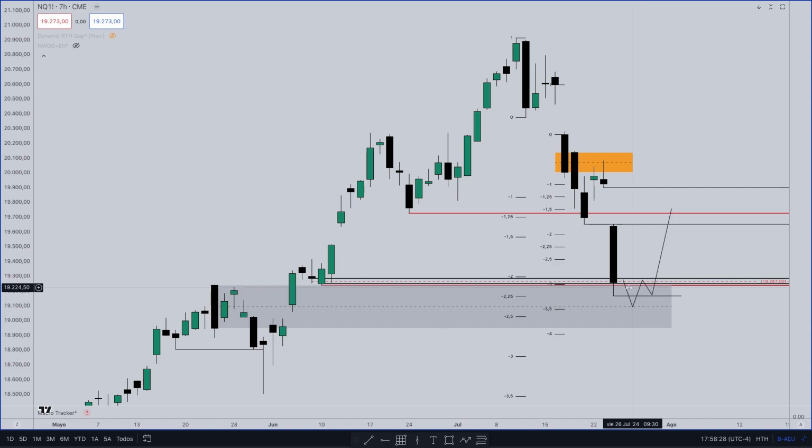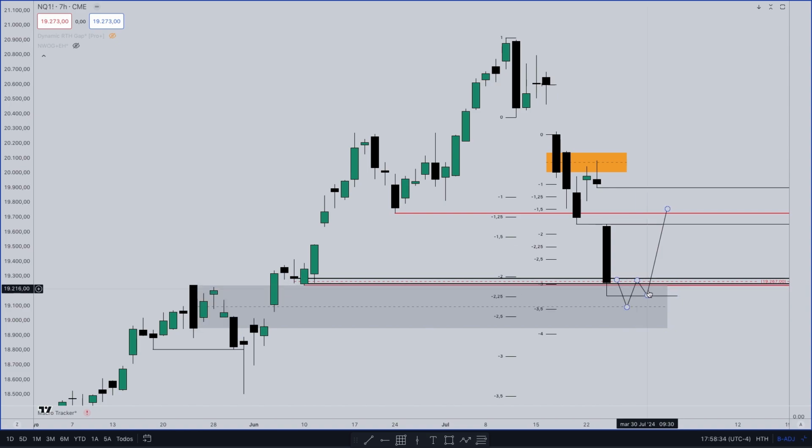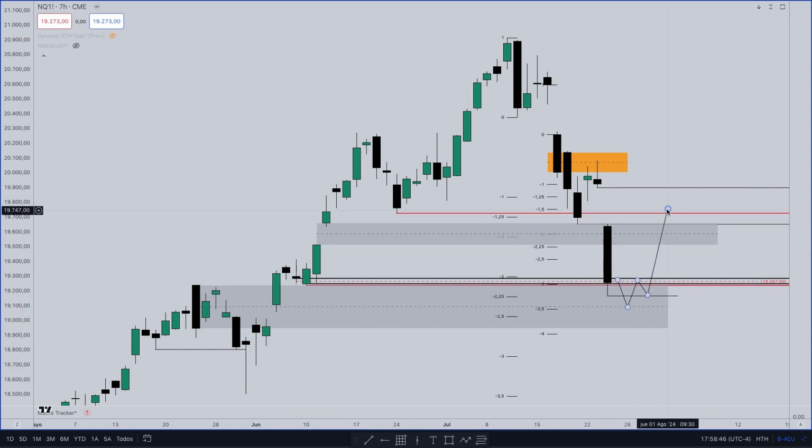Look for a shift in structure on the 15-minute chart with displacement maybe, and retest and move higher to this range that is open. And we have also this gap.